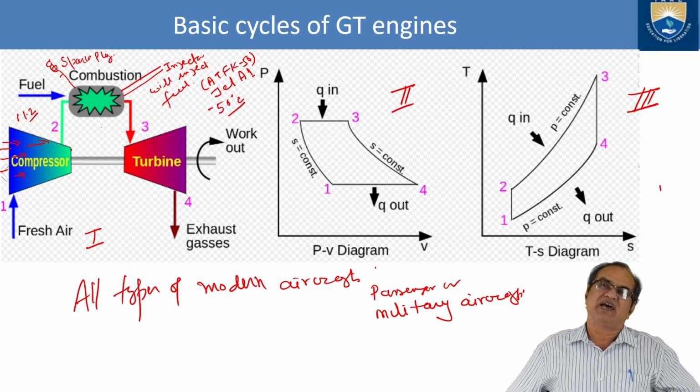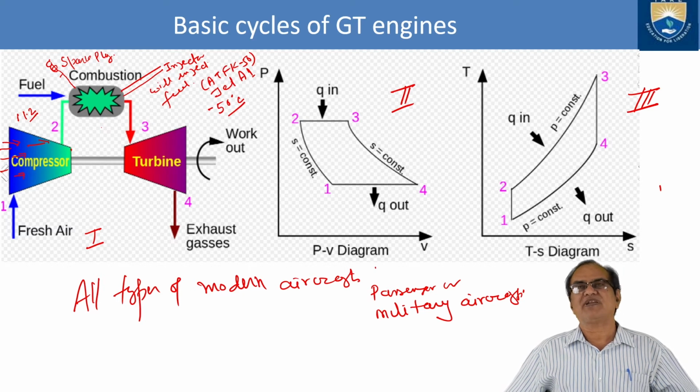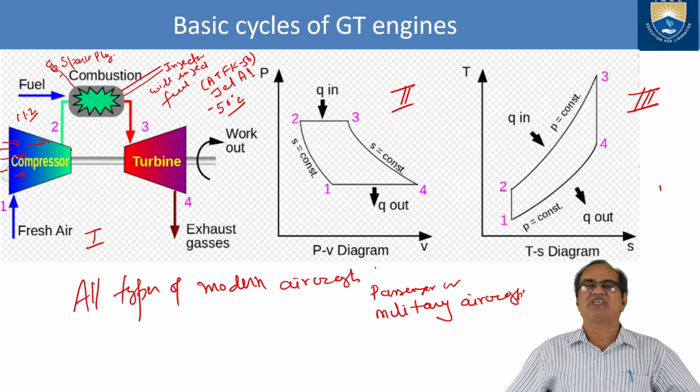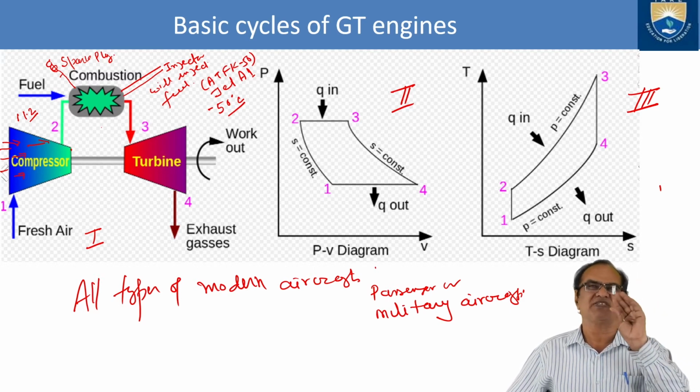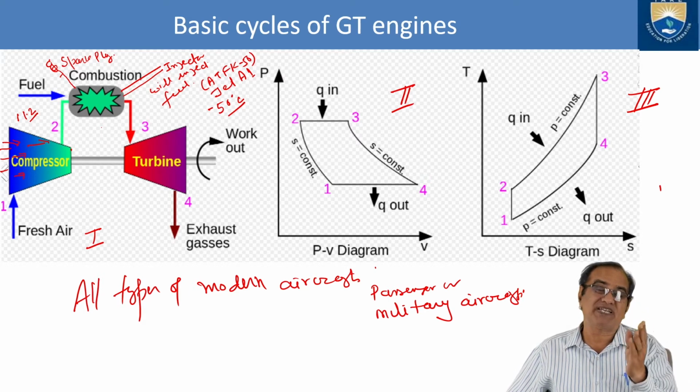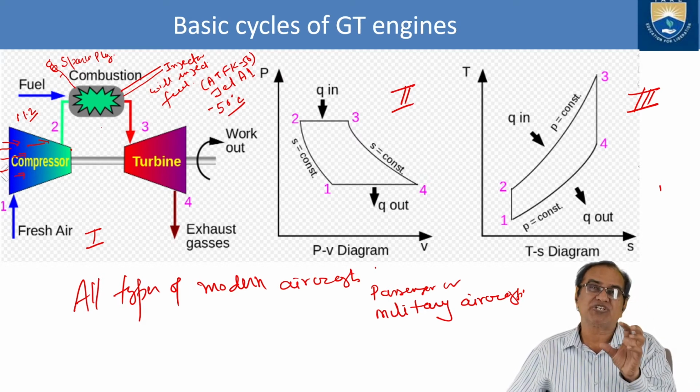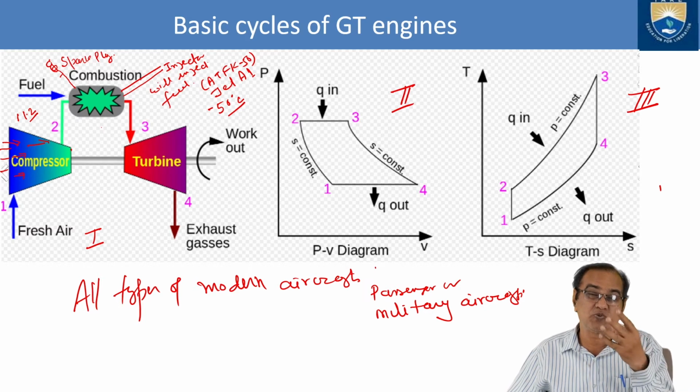This also has one disadvantage: the power producing capacity of the engine is reduced, because the methanol or the carbon tetrachloride which we add to this fuel does not give the same amount of calorific value as the ATFK 50. If we add 1%, the power production capacity of the engine may reduce by 2 to 3%.